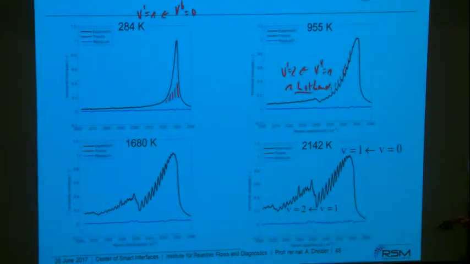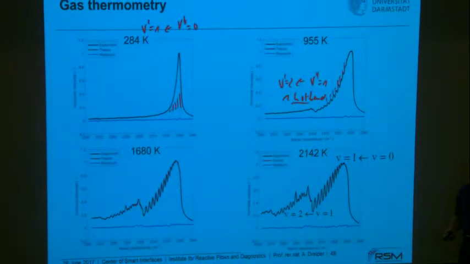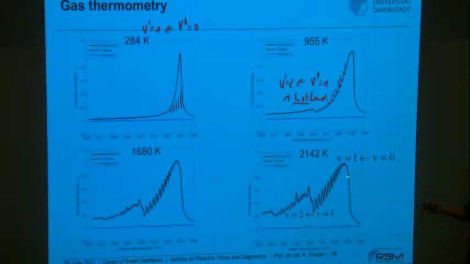For nitrogen, we know the spectroscopy and the characteristics quite well, such that the spectrum can be modeled accurately. If you have set in your model the transfer function of the spectrometer, the line width of the laser, and so on correctly, then the only remaining parameter in this fit is the temperature.